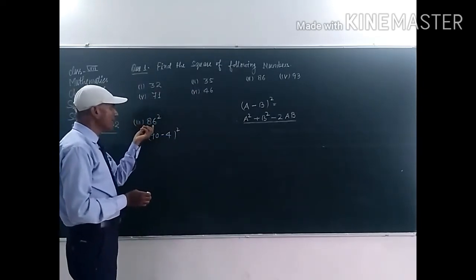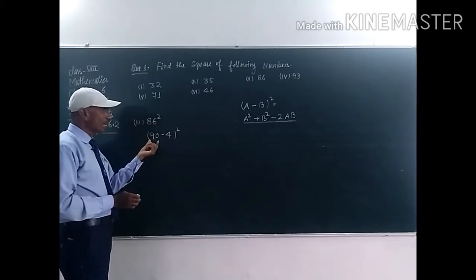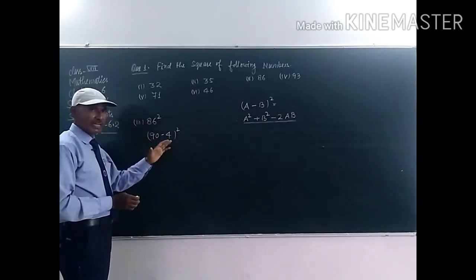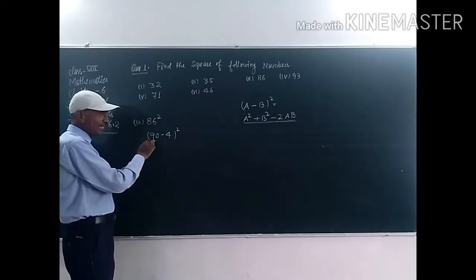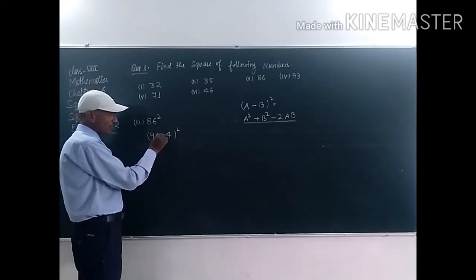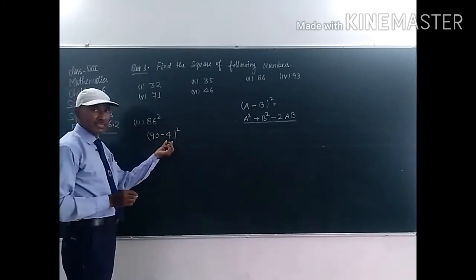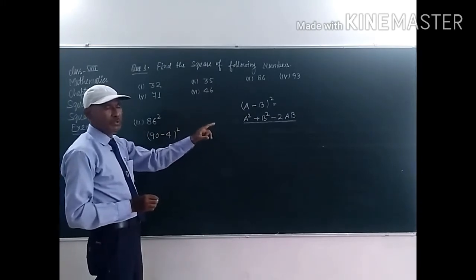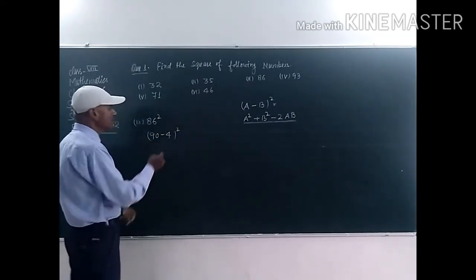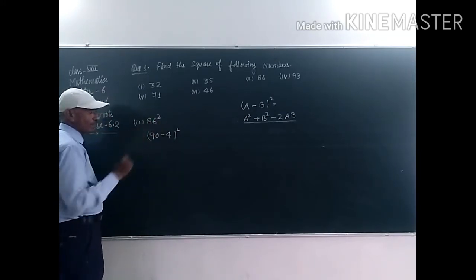And this one, 86 whole square, it means (90 minus 4) whole square. So in place of a there is 90 and there is a negative sign, that is minus, and in place of b there is 4. So (a minus b) whole square, we have to use this identity in finding the square of this number.